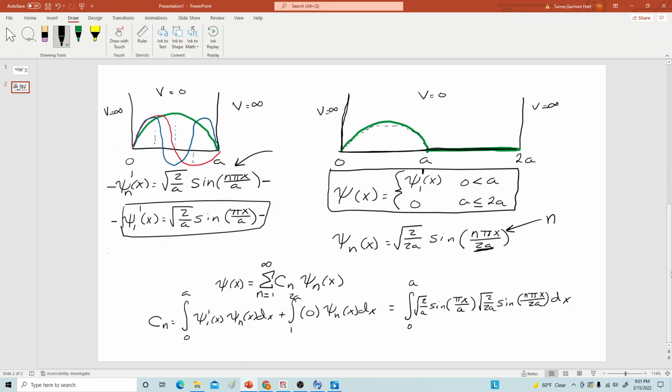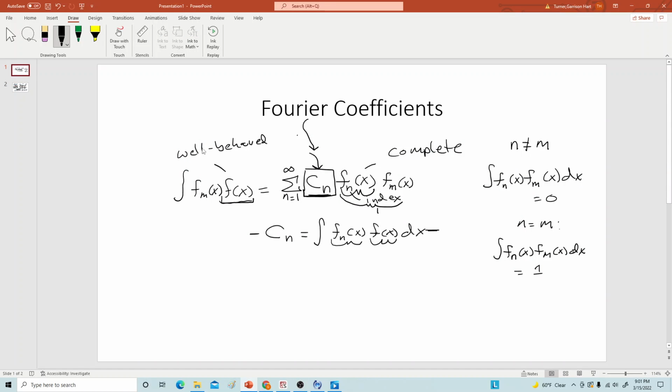We can write that as an expansion of these new states. So that's what this equation is claiming right here. Okay, and this is the same equation that we had right here, right?